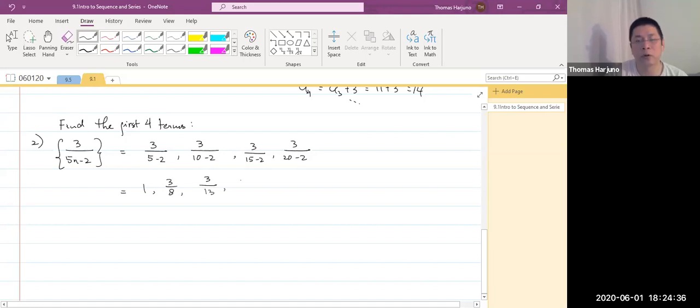This is 3 over 18, which is 1 over 6. And then how about the eighth term? A sub 8 will be 3 over 5 times 8 minus 2, which is 3 over 38.